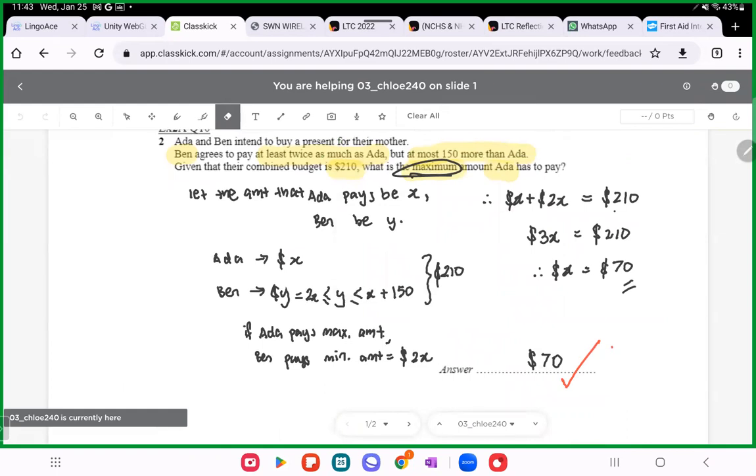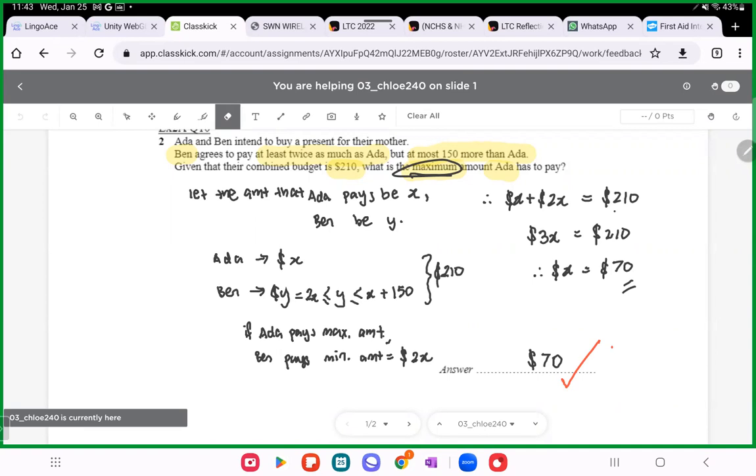I understand that this question has a loophole, because if they want the maximum Ada has to pay, you only need to consider the two times. This portion is obsolete. So I know there are very smart people here who just did 2x plus x equals 210. Makes sense, I agree. But let's do it the proper way.